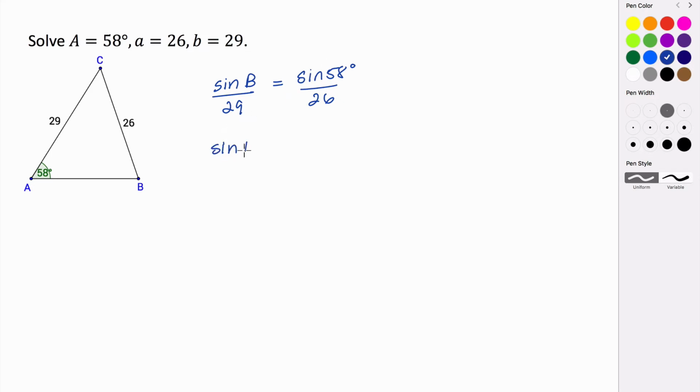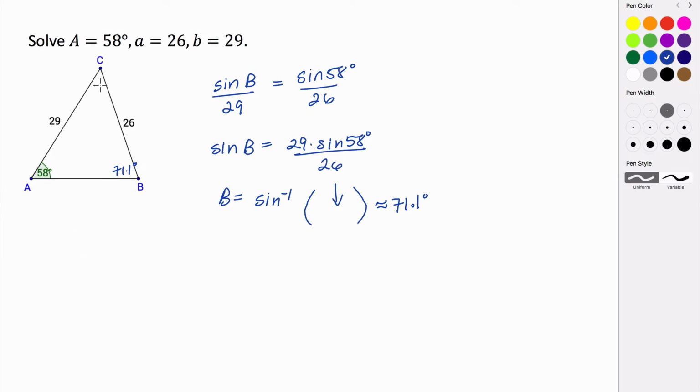So the sine of angle B is 29 times the sine of 58 degrees divided by 26. Take the inverse. So we get that the measure of angle B is the inverse sine of all of this. And then you plug all of that into your calculator, and we get that the measure of angle B is about 71.1 degrees.